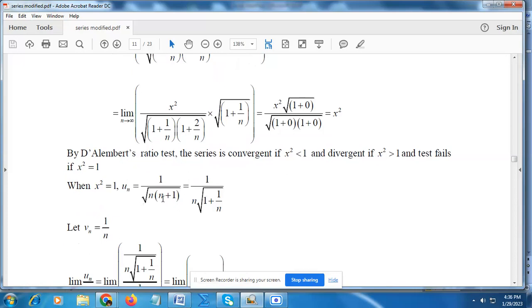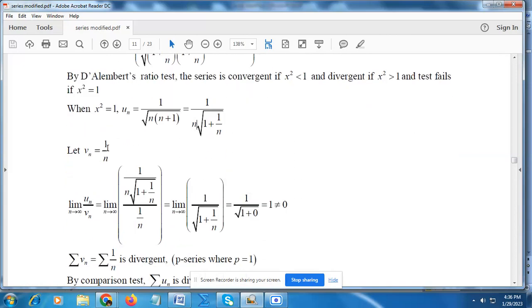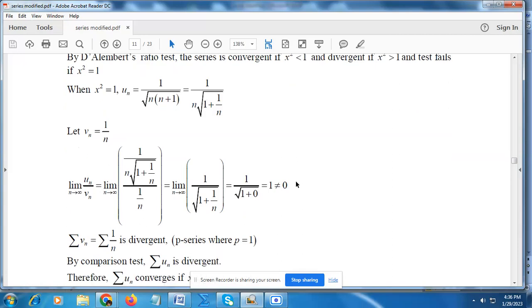Simply take n out, root n square is n, take out 1 plus 1 by n. You take Vn as 1 by n. Limit un by Vn as n tends to infinity is not equal to 0. If limit un by Vn is not equal to 0, then go for Vn. Our chosen Vn is divergent by P series because its P value is 1.